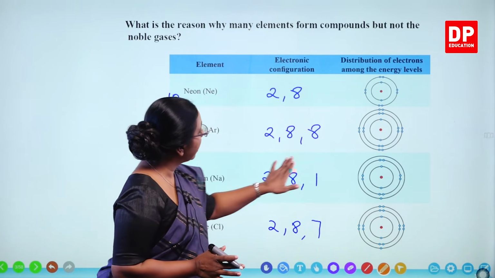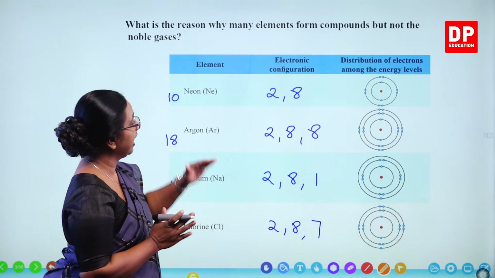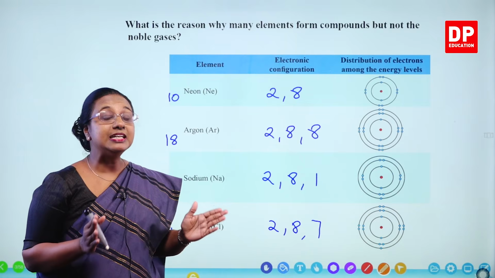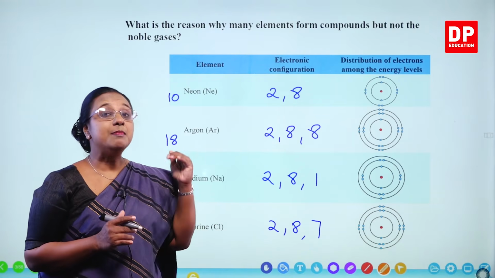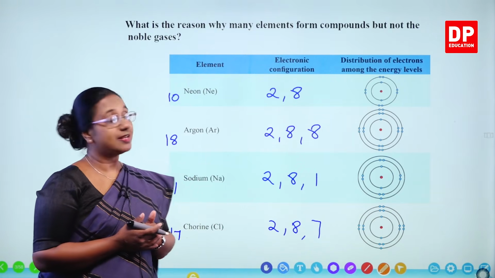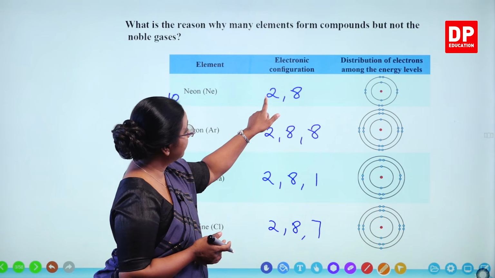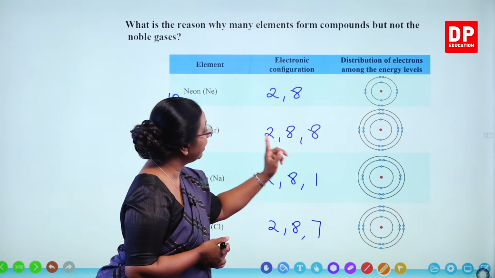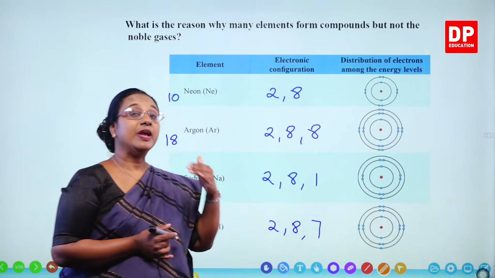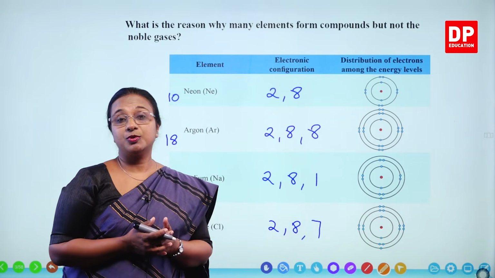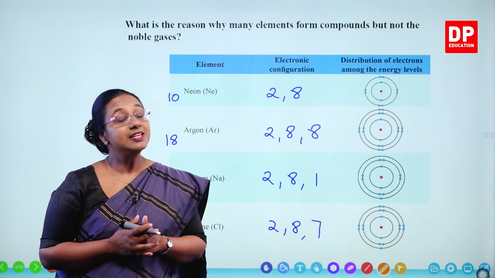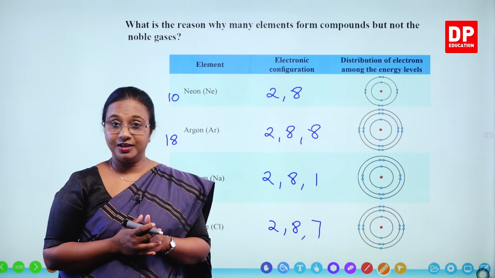Now, you know their electronic configuration, and you can see in all the energy levels that contain electrons, the maximum number of electrons are present. First energy level 2, second one 8. Here again 2, 8, 8. So when you have 8 in the outermost shell, that electronic configuration is a stable electronic configuration.